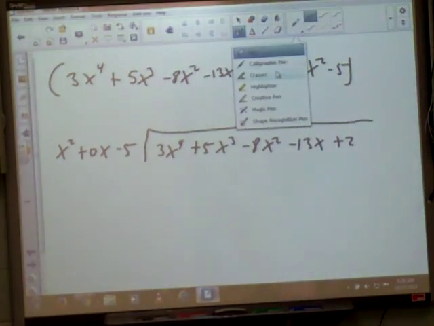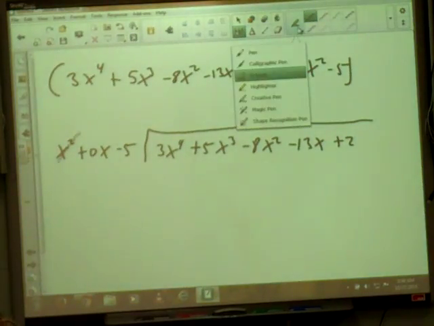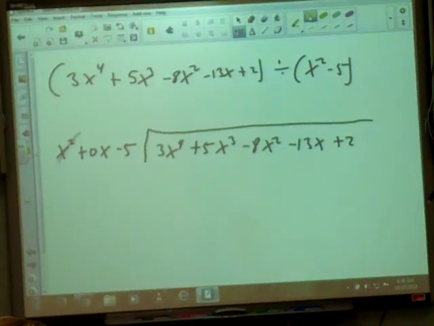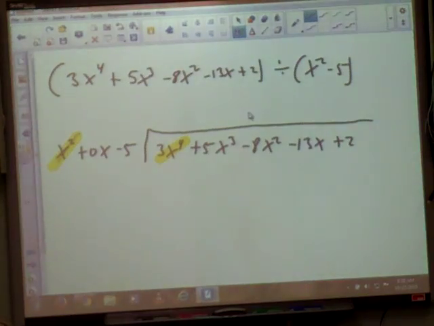Okay. Saying x squared times what is 3x to the 4th? 3x squared. And you can put that anywhere you want on the top. I always put it over its like term, but it doesn't matter.